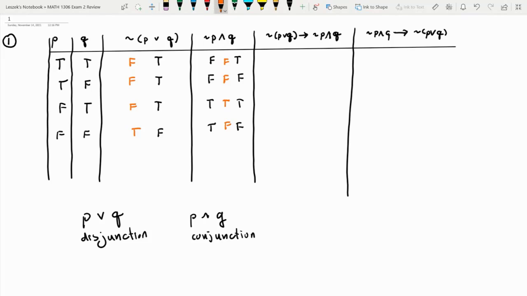Okay. So here it's true if at least one proposition is true. And conjunction is true only when both propositions are true.